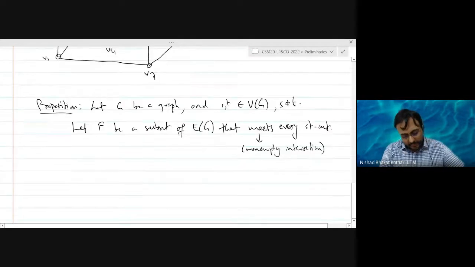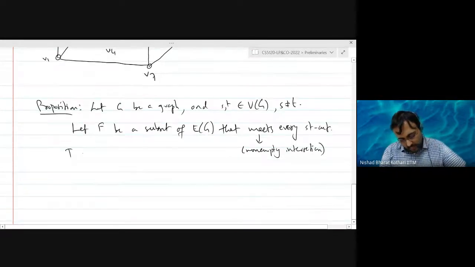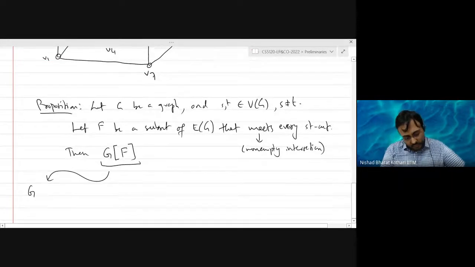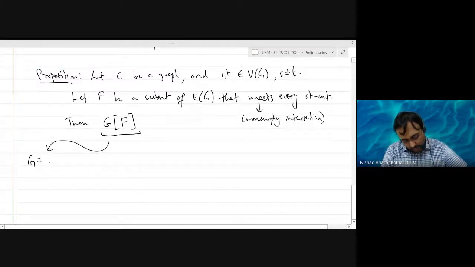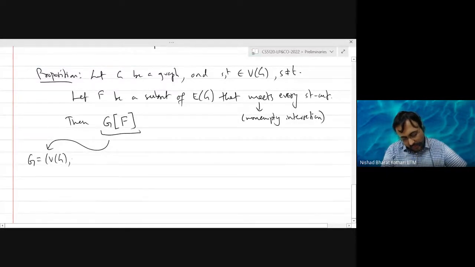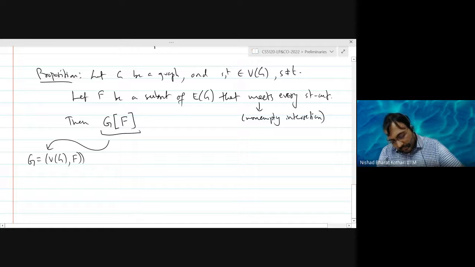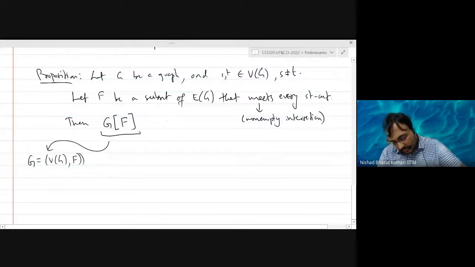Then I claim that if you look at the graph formed by these edges F, so what does this mean? We are looking at the graph whose vertex set is all the vertices of the graph and only these edges. Okay. Then I claim that this contains an ST path.